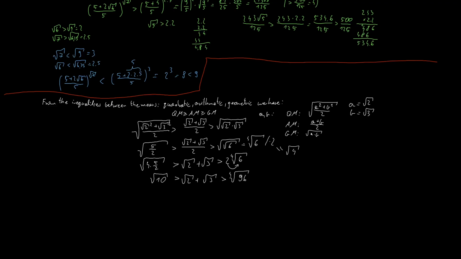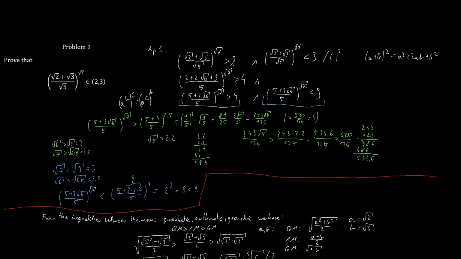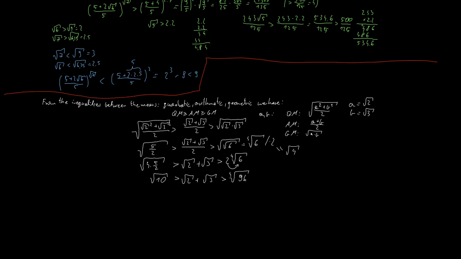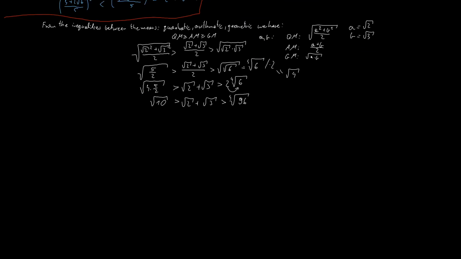Now what we want, let's go up, is square root of 2 plus square root of 3 divided by square root of 5, right? So we can divide both sides by square root of 5. Then we have what we want, this thing that we want to calculate an approximation.